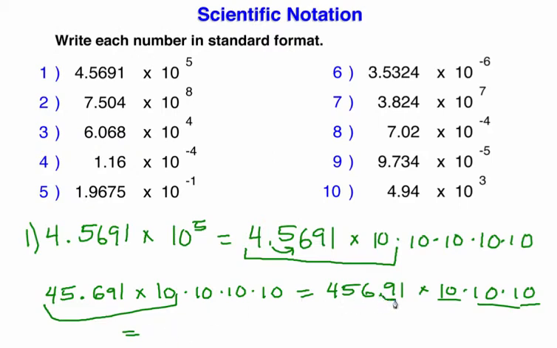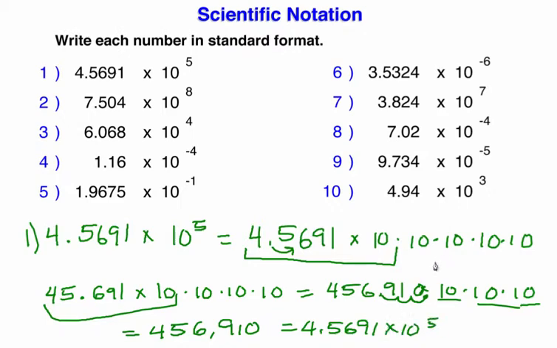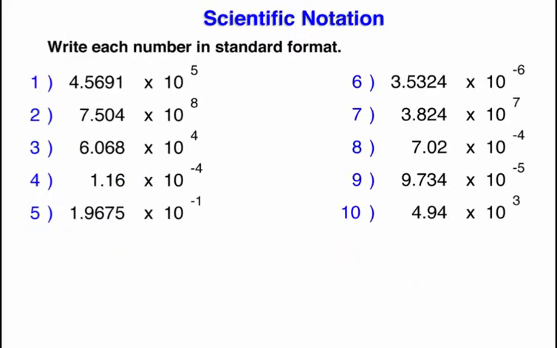So if I move the decimal place 3 more times, I actually end up with 456,910. So the number 4.5691 times 10 to the 5th was the scientific notation version of 456,910.